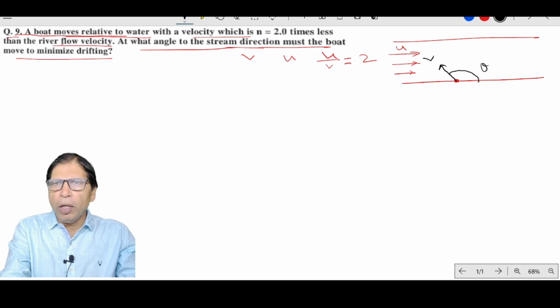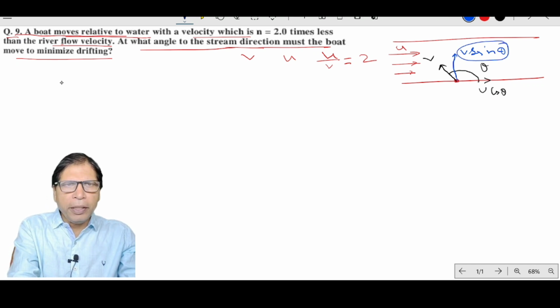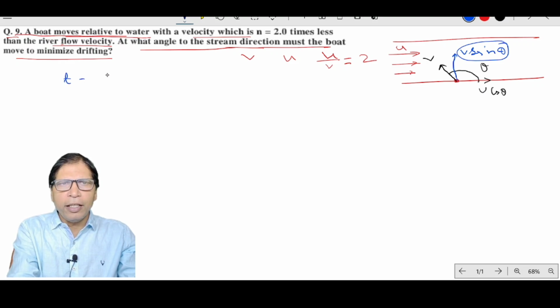So the component of velocity in the direction of the stream is v cos theta, and in the normal direction the velocity is v sin theta. Only this component helps to cross the river. If d be the width of the river, then the time to cross is d by v sin theta.